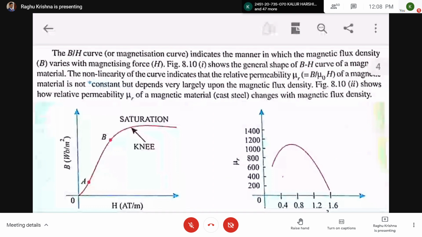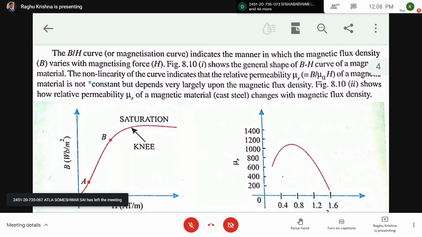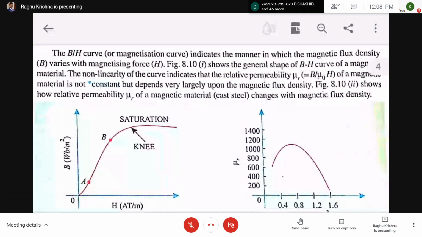After the point B, even if you increase the H, B is not increasing much. And after some point, B is not increasing, it remains constant. This is due to saturation. Even if you increase the magnetizing force, the flux will be constant.